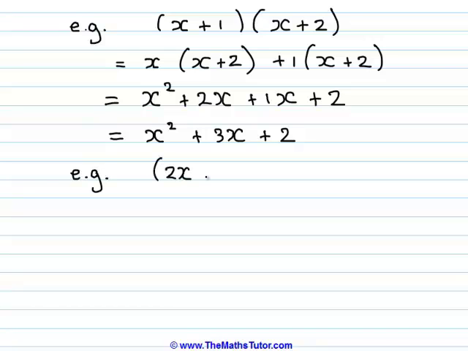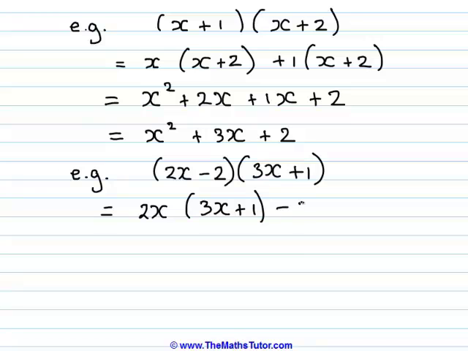Another example, 2x minus 2 times 3x plus 1. Again, we're going to expand the brackets. So this becomes 2x times 3x plus 1 minus 2 on 3x plus 1. So we've split the first expression into two, and each of those terms is multiplied by the second expression.